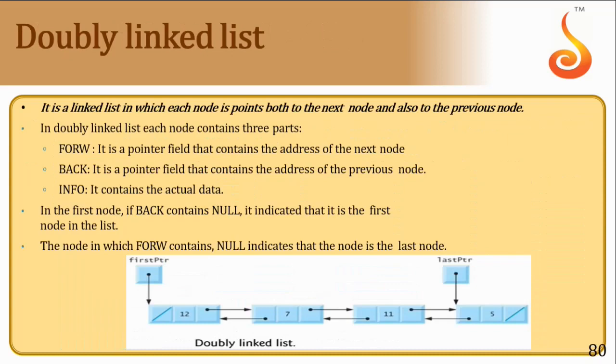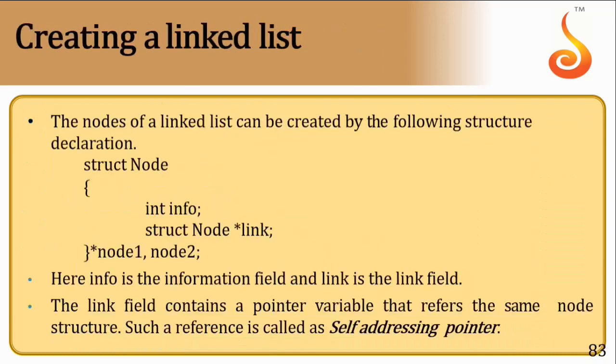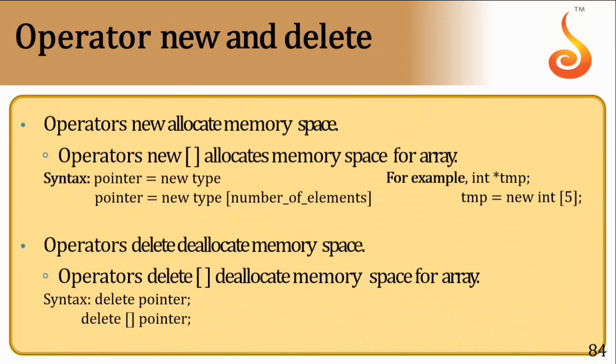So new and delete is here. New is an operator which allocates memory during runtime, and delete is used to deallocate or free that memory during runtime. So what is the syntax?